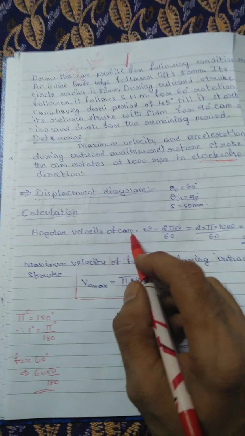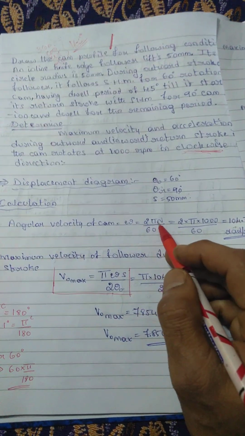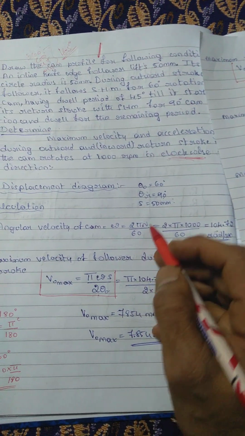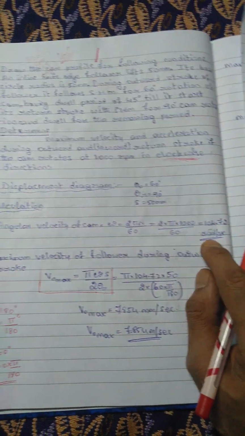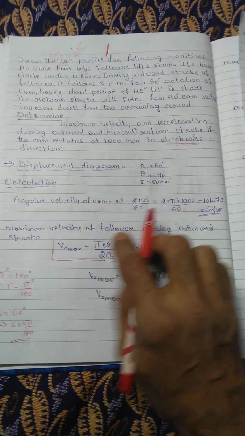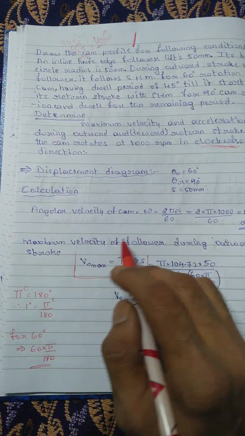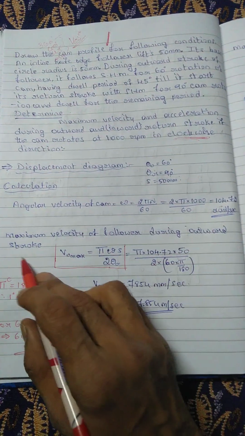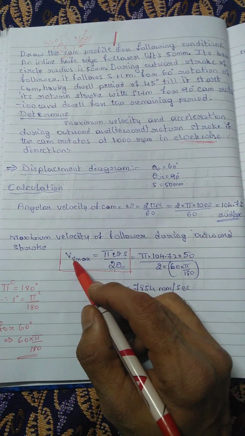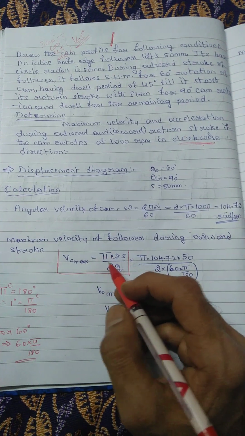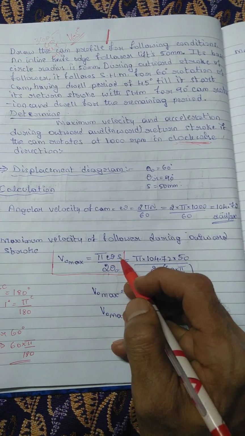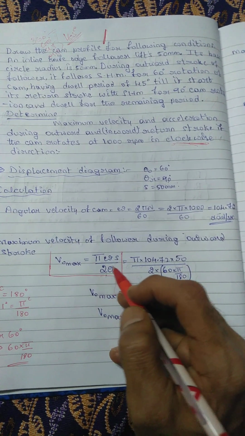So angular velocity omega is equal to 2 pi N by 60, and the unit is radian per second. Next, maximum velocity of follower during outward stroke: v naught max is equal to pi omega s divided by 2 theta naught.